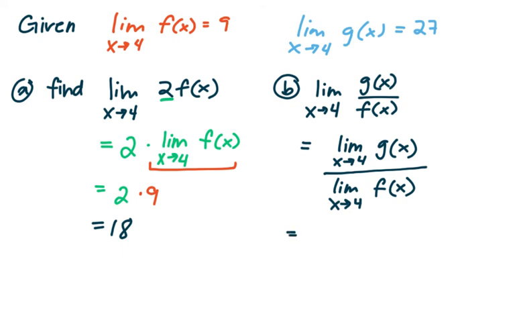Now we know what the function in the numerator is equal to, 27, and in the denominator we get 9. So this would simplify, and this conceptual limit problem would solve and give us 3 as the limit of the quotient.